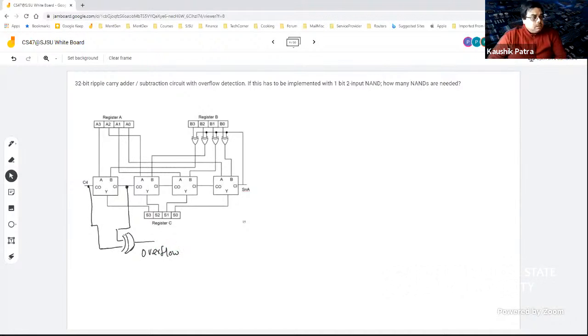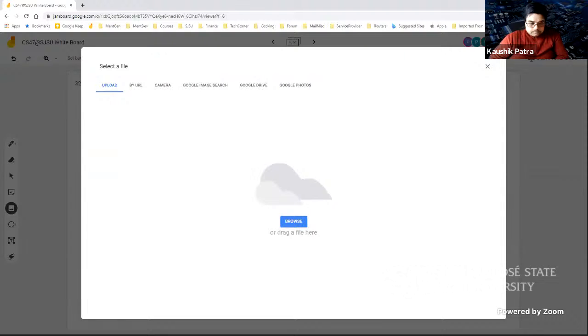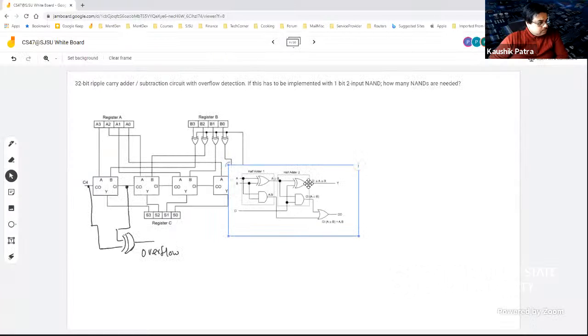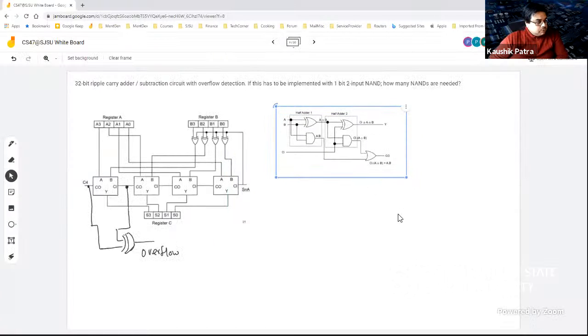And then these are all full adders, 1-bit full adder circuits. And this is what your full adder circuit looks like. So it is composed of XOR and an OR.